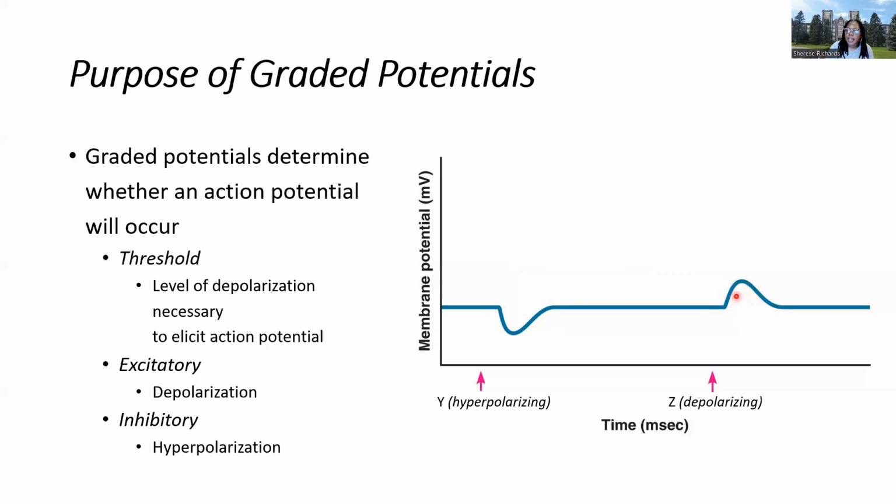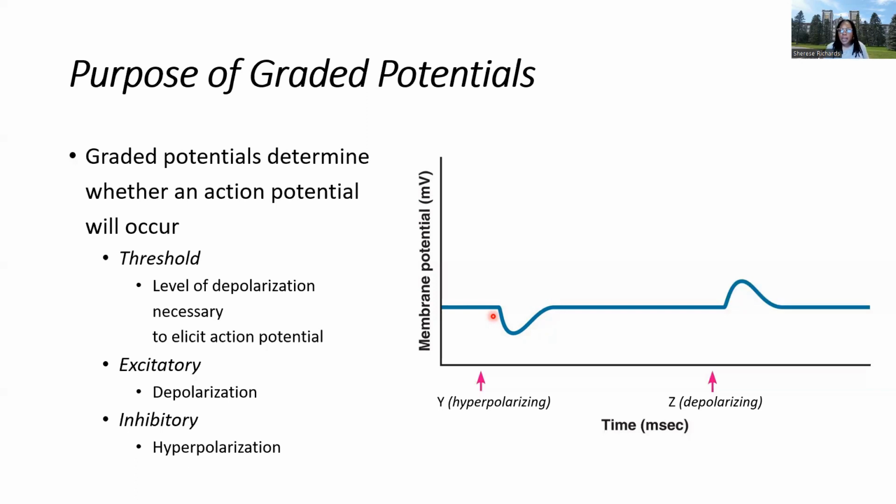And then if we have a hyperpolarizing change, this would be an inhibitory type of graded potential, and that would make the membrane potential more negative, so about -80 or so, and that would be further away from our resting membrane potential. So if we had a hyperpolarizing, inhibitory graded potential, that would actually make it harder to fire an action potential, because that would make it harder to get to that -55 threshold.